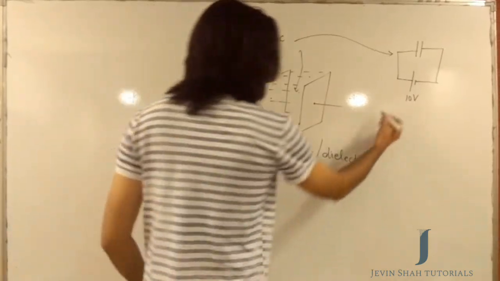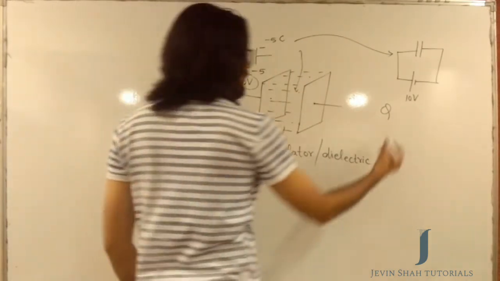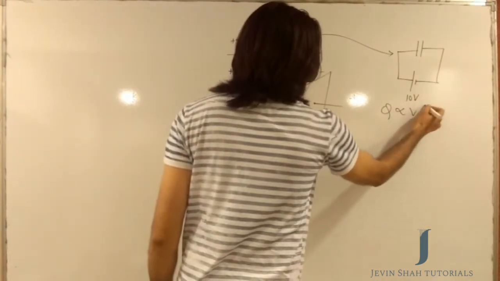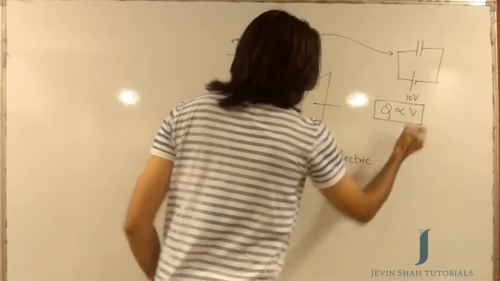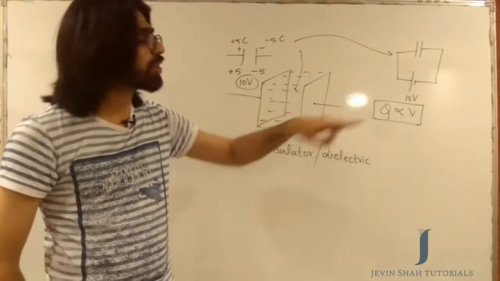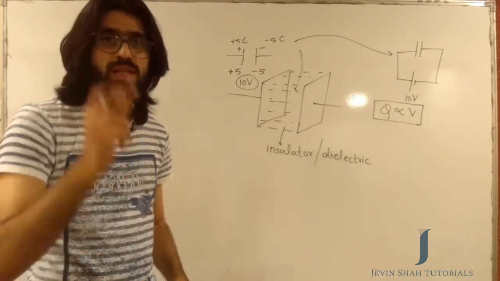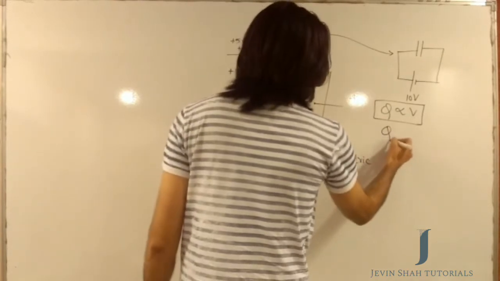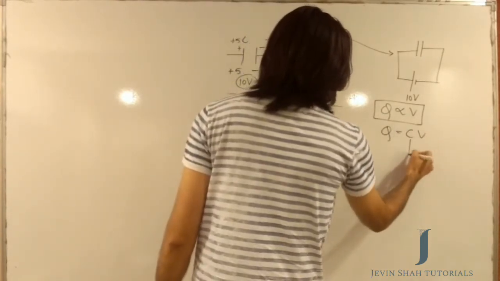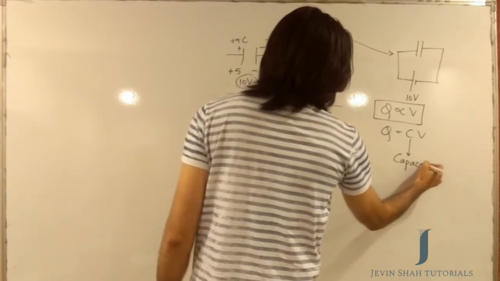So I am trying to highlight the fact that the charge Q developed on the plate of your capacitor will be proportional to the potential difference that you are generating across the plates. To remove the proportionality, we introduce a constant of proportionality, and that constant is C. And that C is what we call the capacitance of a capacitor.